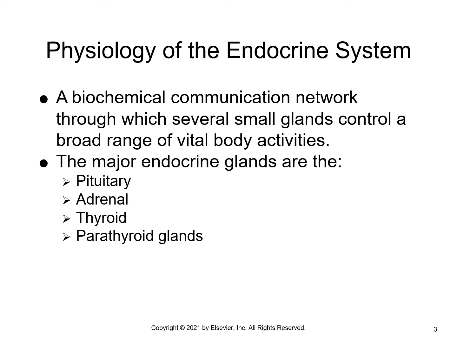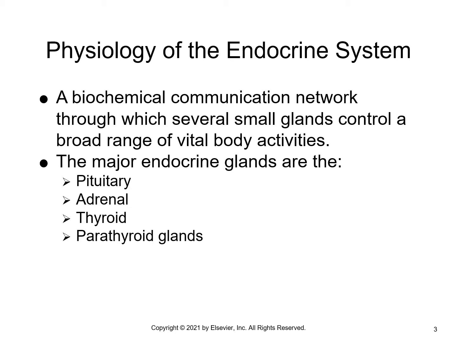These activities can range from the breakdown of fats and lipids to metabolism to production of red blood cells, to the control of a menstrual cycle, to everything in between. So these major endocrine glands, also known as adrenal tissues, are pituitary, adrenal, thyroid, and parathyroid glands.